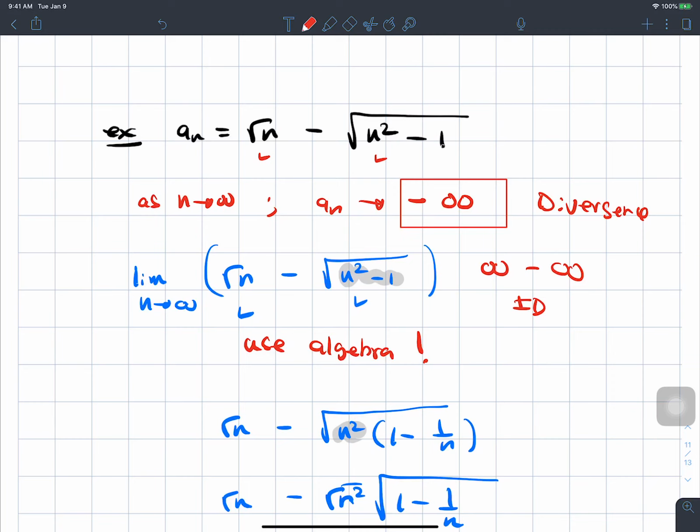N gets big, n squared gets big. In fact, even if I subtract 1 from it, it's still getting bigger. And then you're taking the square root of both of those things. This is going to be a negative value as n gets big. So that's why I suspected something's wrong. It's going to be negative infinity. And it is. So that's kind of how you're looking at some of these terms.